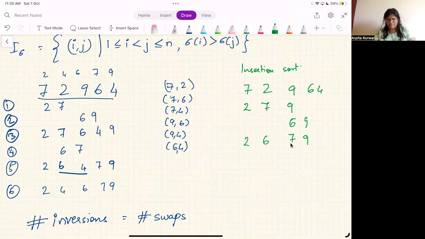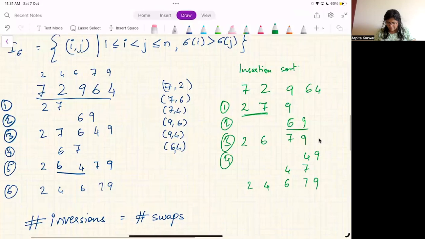Then comes 4. 4 and 9 we swap, and then 4 and 7 we swap. Then 6 and 4 we swap. So this is 1, 2, 3, 4, 5, 6.